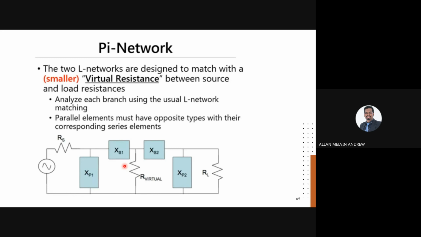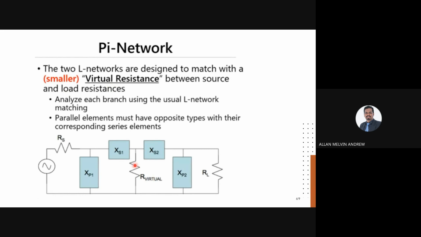Similarly in this circuit, the function of the virtual resistance is to have proper tuning. When you have this virtual resistor, you have a certain parameter that you can adjust, in order to get better frequency transmission. Okay, so in the pi network, the virtual resistance is much smaller compared to the other type, the T network.